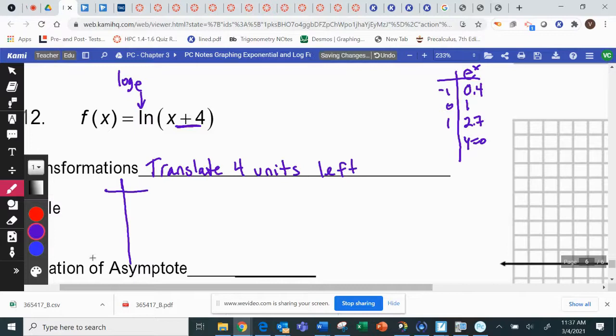I'm going to switch those. So I'll have 0.4, then -1. And I'll have x equals 0. And then translating 4 to the left, that will subtract 4. And that will change my asymptote to be x equals -4.